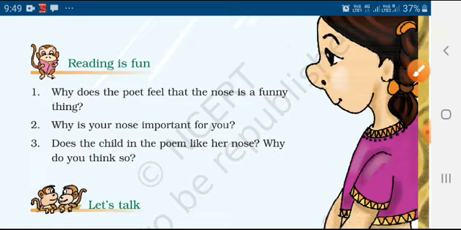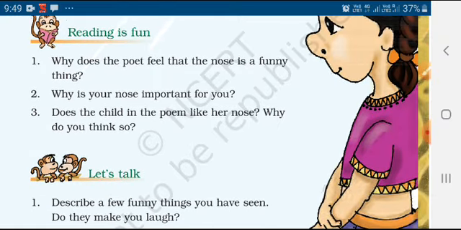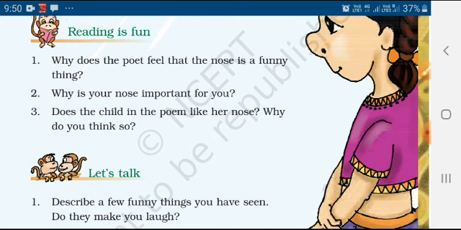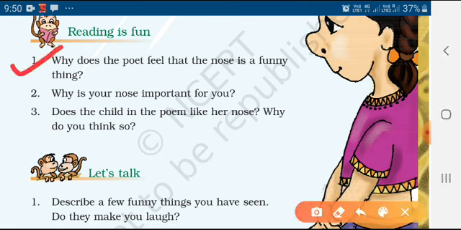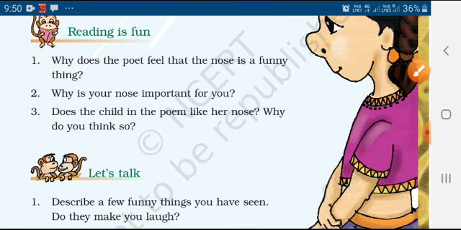Now there is a question answer. The first question is, why does the poet feel that the nose is a funny thing? I am writing the answer here, you also write the question and answer.